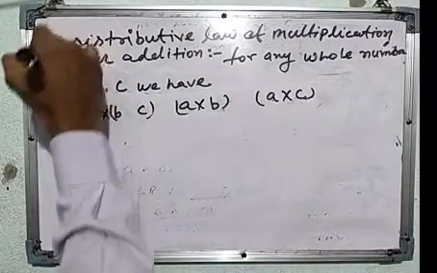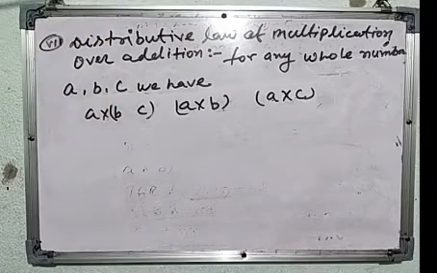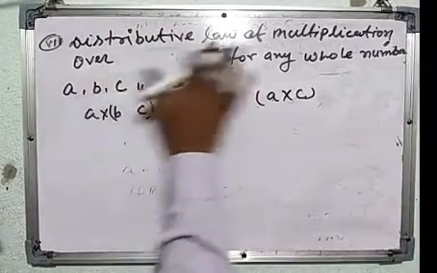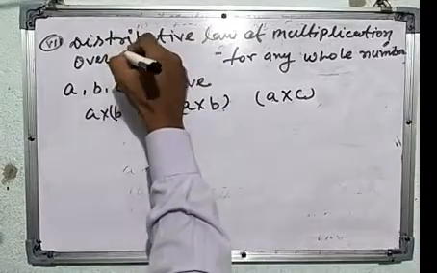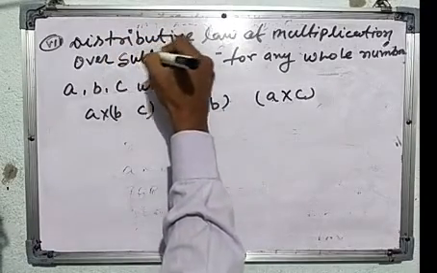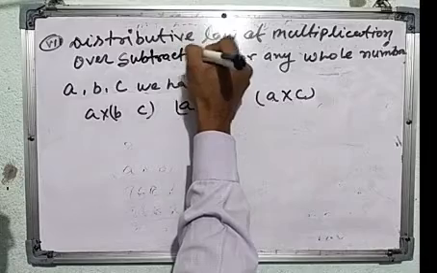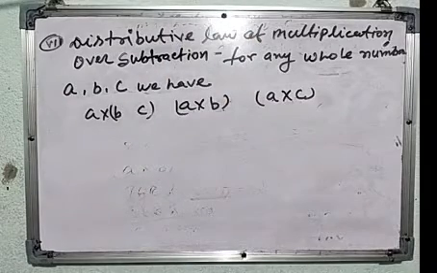Next, property 7: distributive law of multiplication over subtraction.